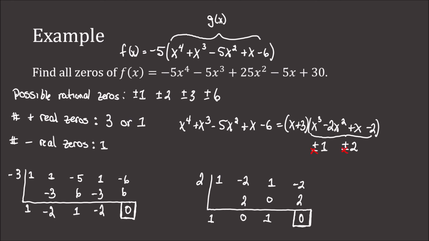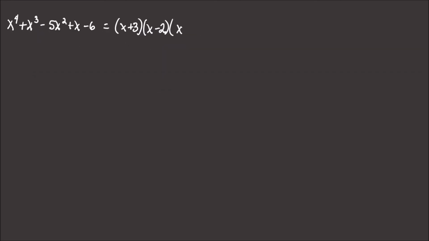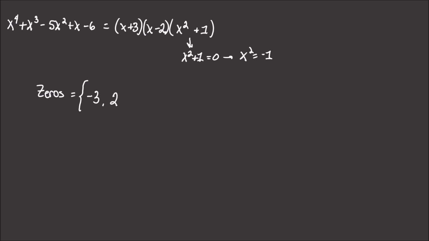And we're left with x squared plus 1. We are now at a quadratic factor, so we stop there. Now, this says here that x squared plus 1 is equal to 0, so x squared is equal to minus 1. So the zeros, we have negative 3, positive 2.